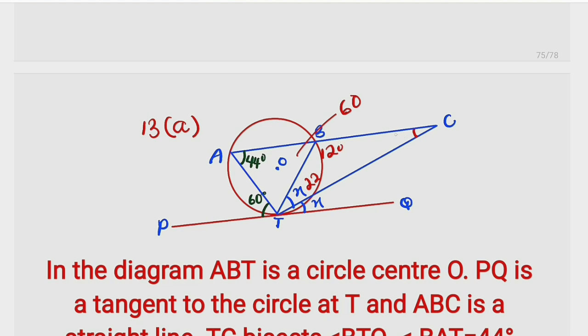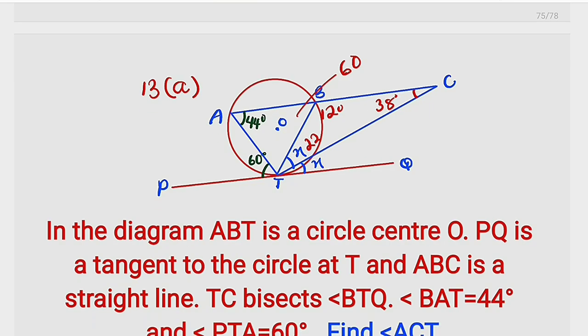And I know that these three angles, 1, 2, 3, will give us 180. So the moment I subtract these two angles from 180, that will give us this. So 180 minus 120, that is 60 degrees, and 60 minus 22 will give us 38. So I will write 38 here in case of objective questions.